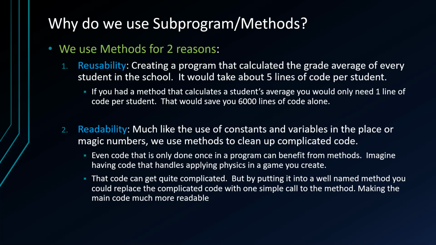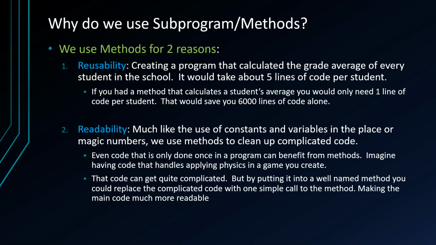It might be 20 lines, it might be 300 lines, I don't know. It doesn't really matter. We could take all of that ugly code, put it into a nice, well-named subprogram, and then in our main code, all we have to do is call that subprogram by name. And as long as it's well named, it cleans up that main code a massive amount. It makes it much, much more readable.